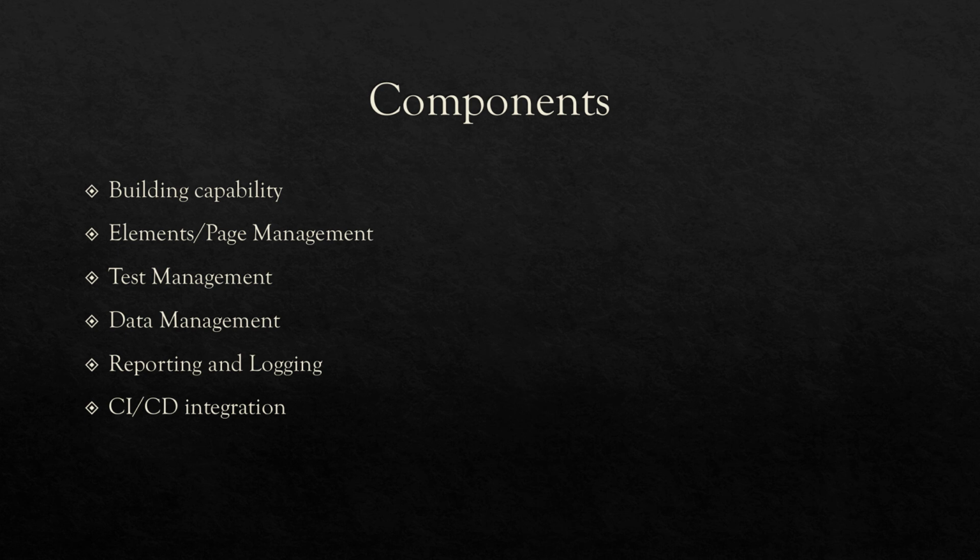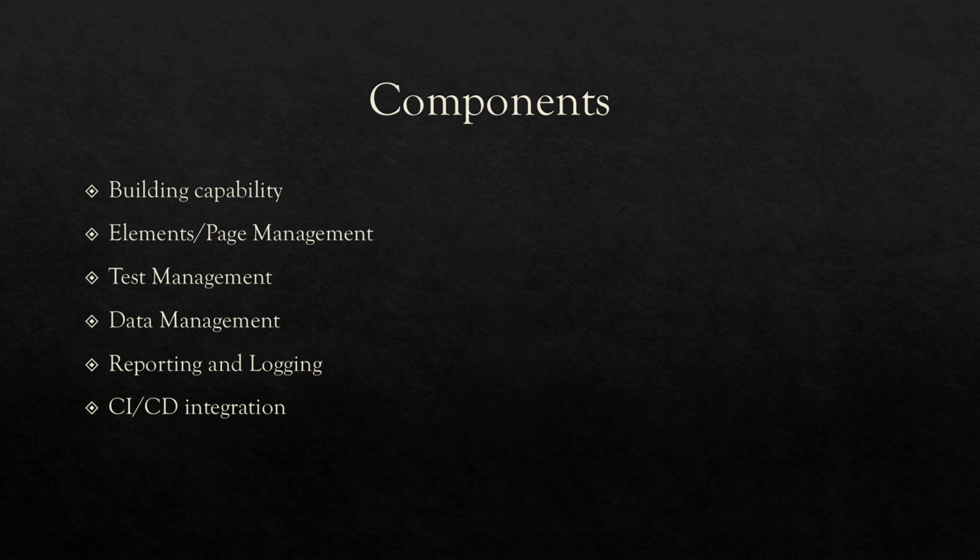It would be capable of handling test execution and data management, and after the execution it would handle the reporting and logging part and, if required, integration with CI/CD. How we achieve these components is a separate story, but an ideal automation framework should have all of them.